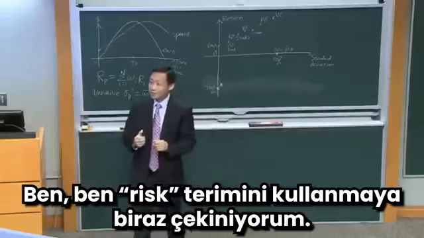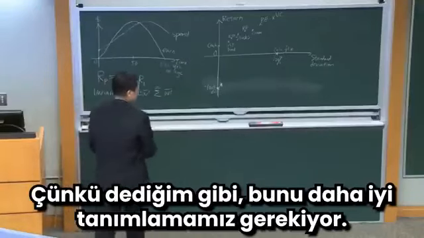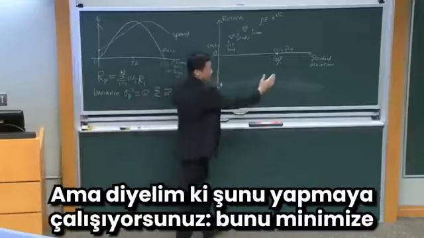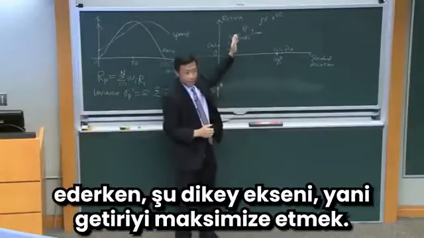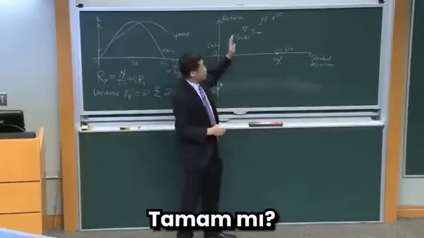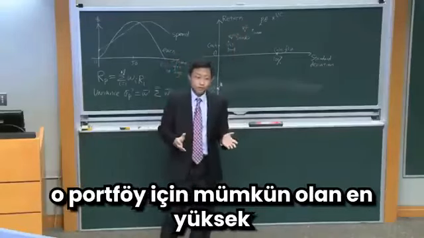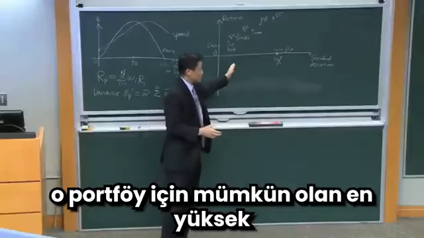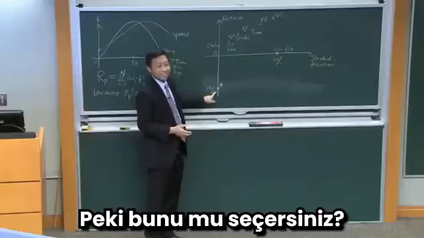I hesitate to use the term risk, because as I said, we need to better define it. But let's just say you try to minimize this, but maximize this, the vertical axis. So you try to find the highest possible return for that portfolio with the lowest possible standard deviation.